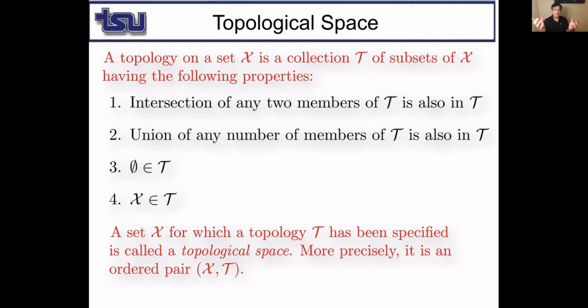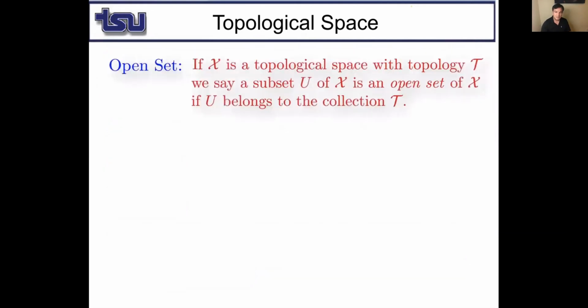You see, the nearness concept, how close things are, is going to be determined by some subsets of X. We'll see some examples, but before that, if X is a topological space with topology T, we say a subset U of X is an open set of X if U belongs to the collection T. Basically, the elements of T are called open sets of X. And the closeness or nearness will be determined by those open sets.